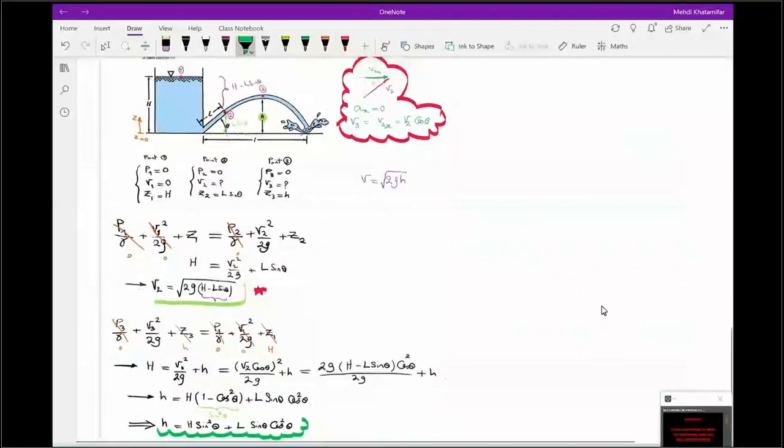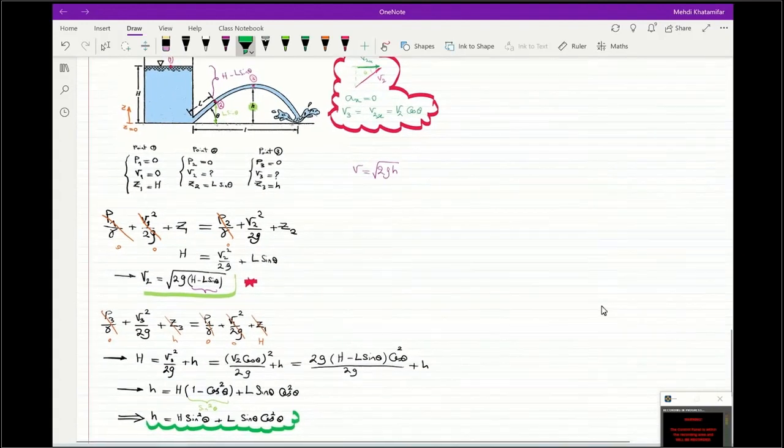Let's see what are the interesting pieces of information we got from h. If theta is equal to 0, what happens to h? If theta is 0, the first term is going to be 0, the second term is going to be 0, so h is going to be 0. So basically it says if the pipe angle was 0 or horizontal, the h is supposed to be 0, which is correct.